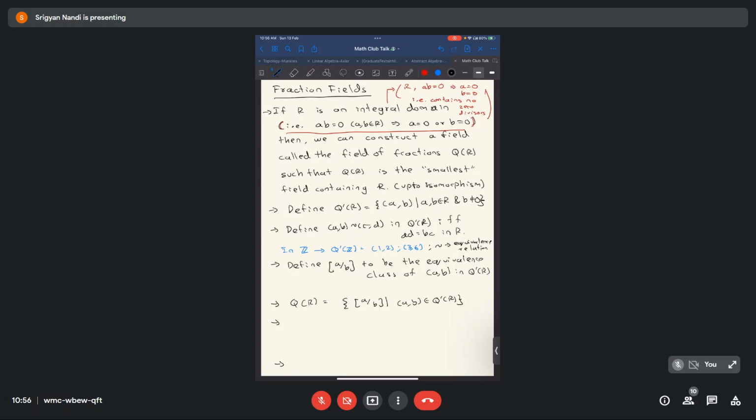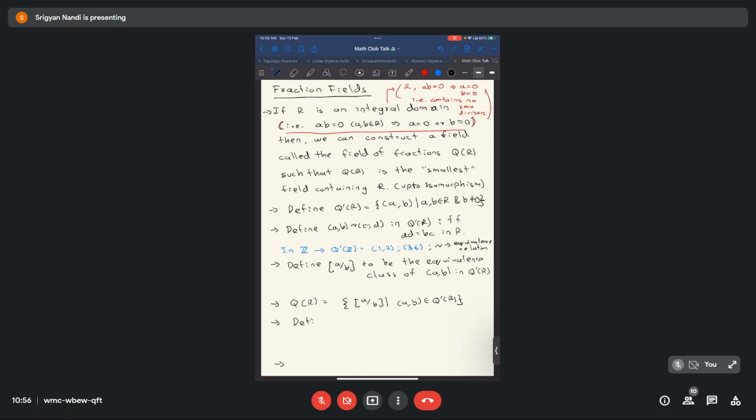Now that we have defined these equivalence classes, we are just a few steps away from formally constructing it as a field. We just have to show that the operations of addition and multiplication that we define hold, and then clearly define an inverse, both for addition and multiplication, and an identity.